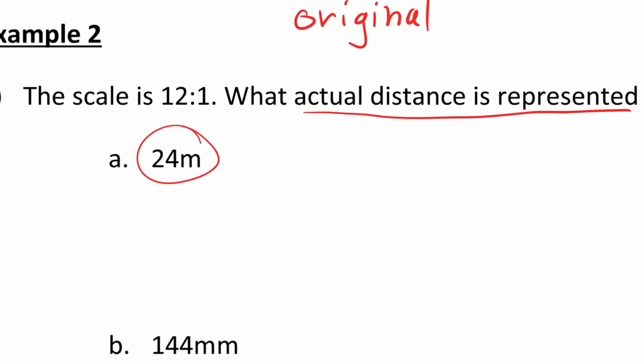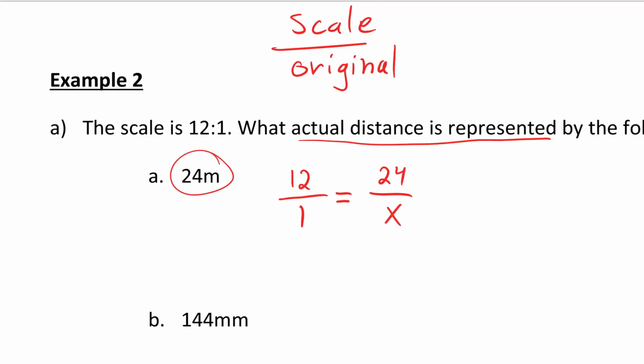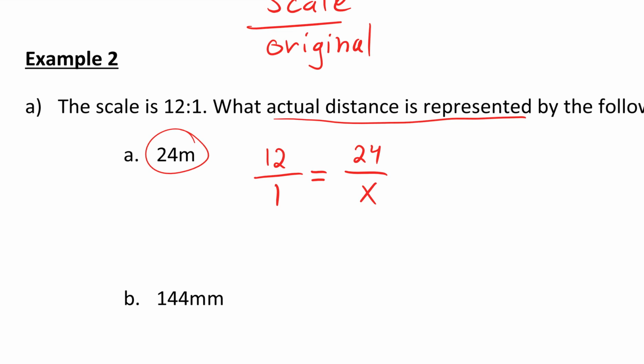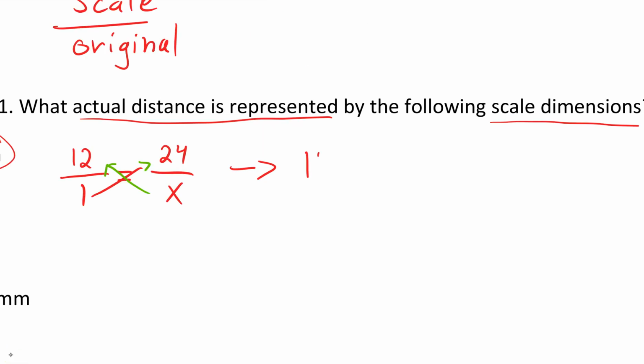So we want to use our 12 over 1 equals, and we have our scale of 24 over, we want to find out what the original would be, so we put an x here. Now we do our cross multiplication. We get 12x equals 24 times 1, so 1 times 24.